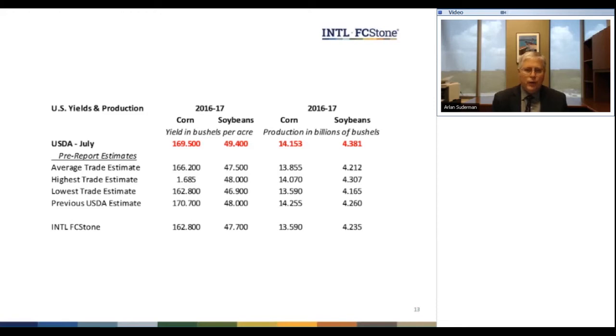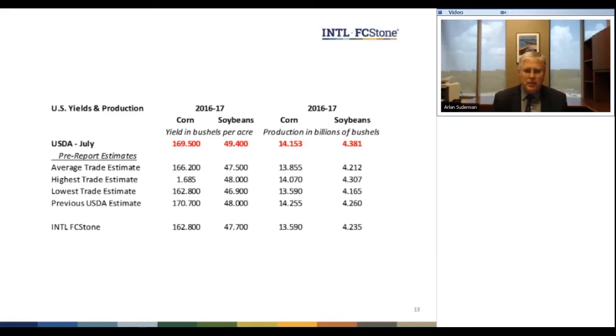Let's talk about corn now, the 169.5. It's been the understanding of the trade that USDA was using a model for its August crop report that it outlined in a white paper published in 2013. And if you use what that model defines as its parameters for determining yield, it would suggest by our calculations that the yield should have come out around 167, 167.5.